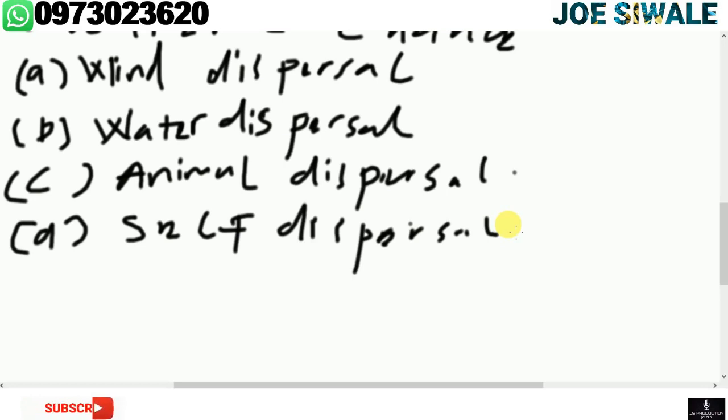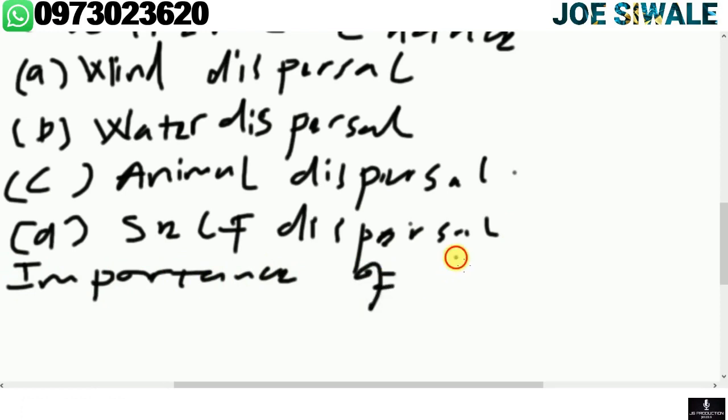Let us look at the importance of fruit and seed dispersal.